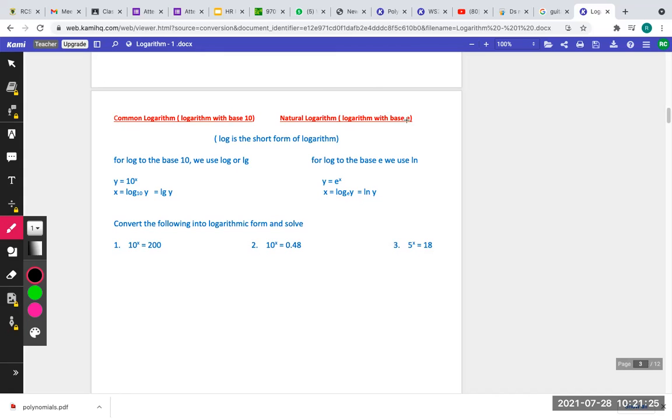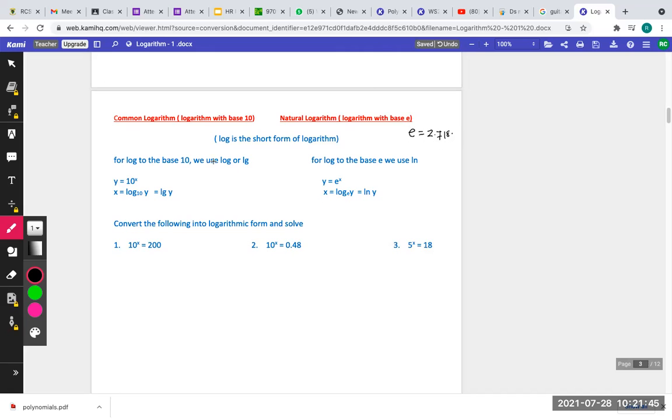You would have heard about e, right? The value e is a constant, the value of e is 2.718 and so on. It is an irrational number. You can see that e also in the calculator, if you press that, you can see that the value of e is 2.7 something, right?